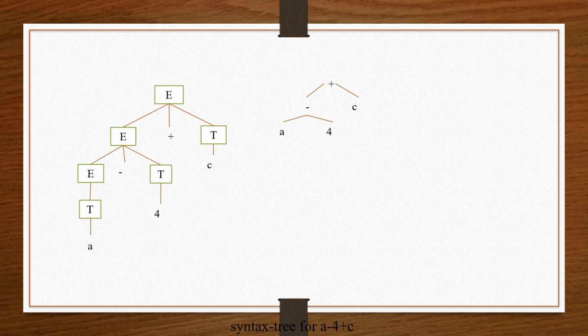Initially, a is reduced to T. Look at the syntax-directed translation of this grammar. When a is reduced to T, what is the corresponding action? We have to construct a leaf node.